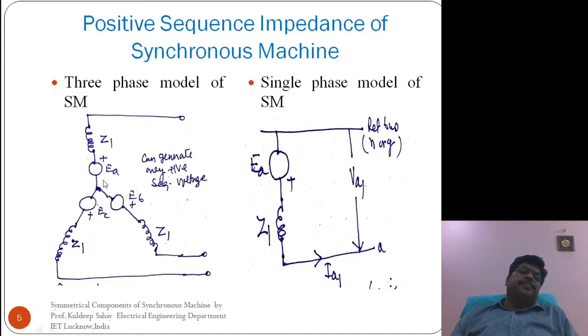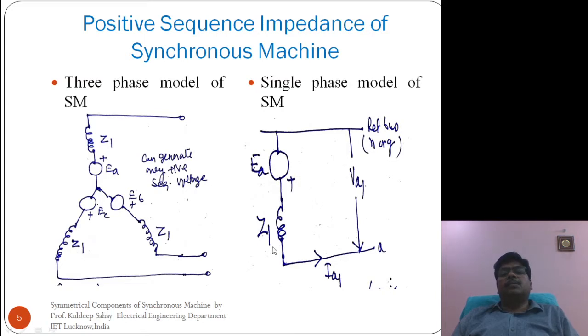In this case, what would be the per phase representation of this synchronous machine, since we want to simplify it and represent it in the sequence currents and sequence voltages. Here there will be the voltage EA, and in series with this induced voltage there will be the positive sequence impedance.